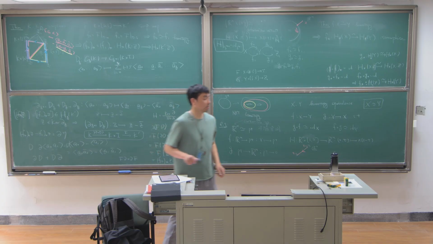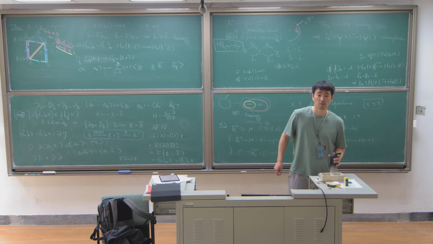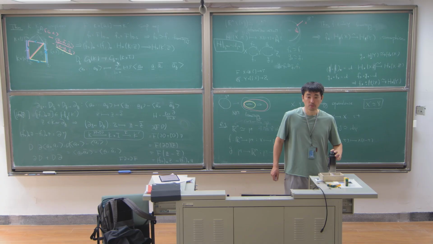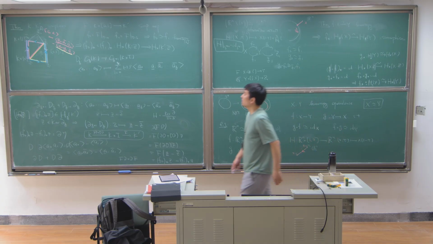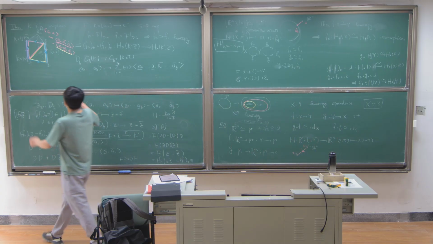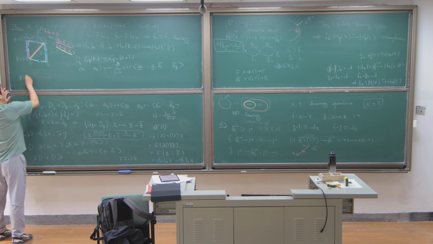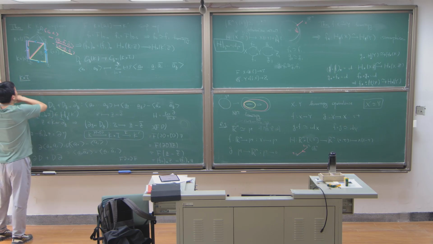Any question at this moment? K times I is just a... I can understand what you said, but K times I should be a complex, and I'm wondering what's the... Oh yeah, K times I is a complex.